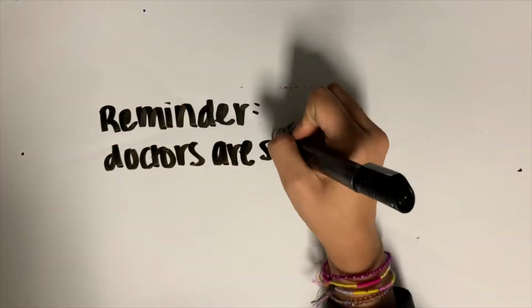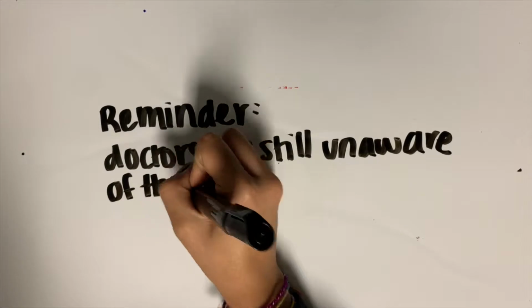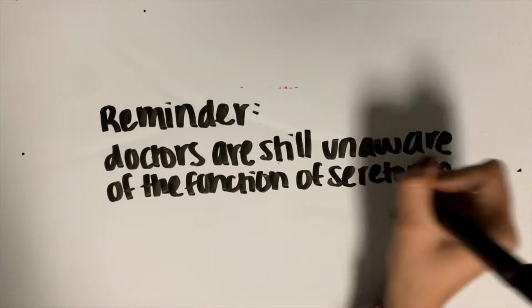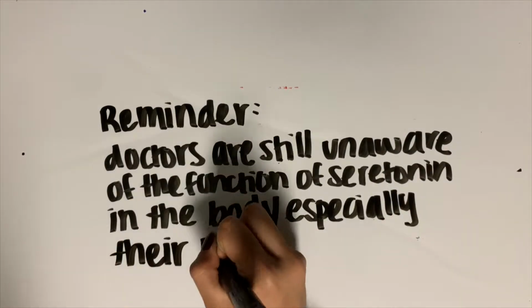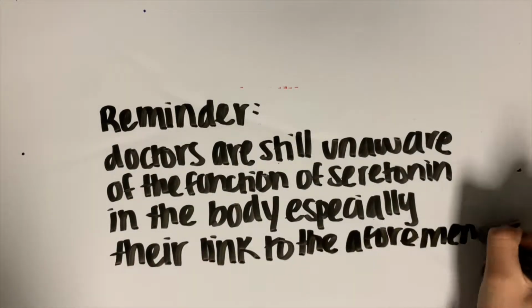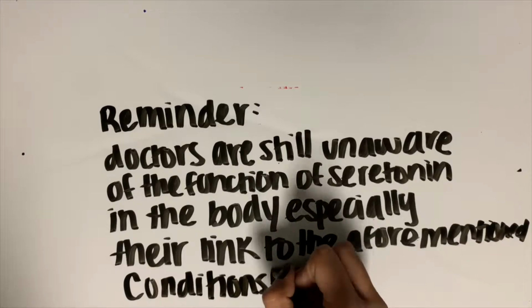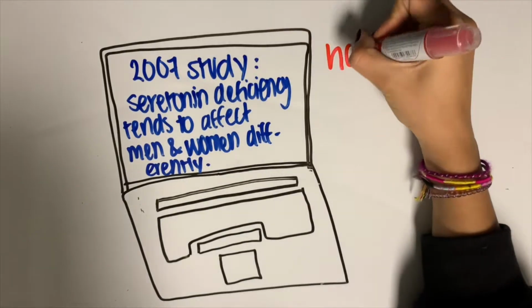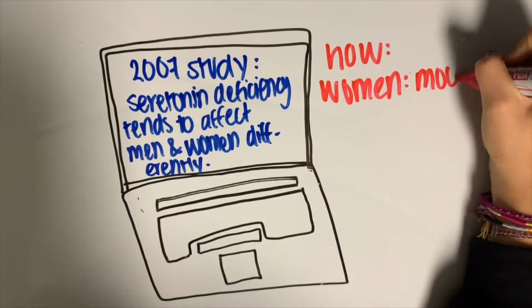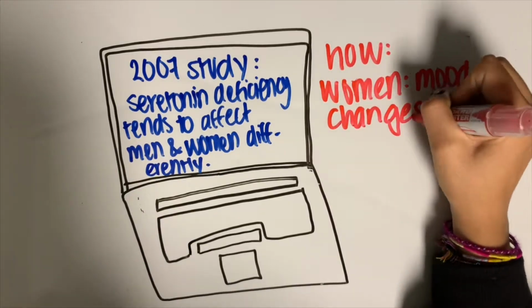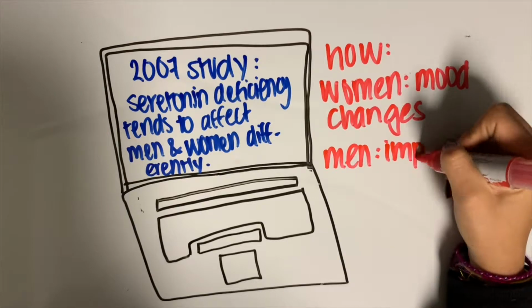Reminder: doctors are still unaware of how serotonin deficiency affects the aforementioned conditions. A study published in 2007 revealed that serotonin deficiency tends to affect men and women differently. How? Women changed their mood, and for men, it gave them impulsive behavior.